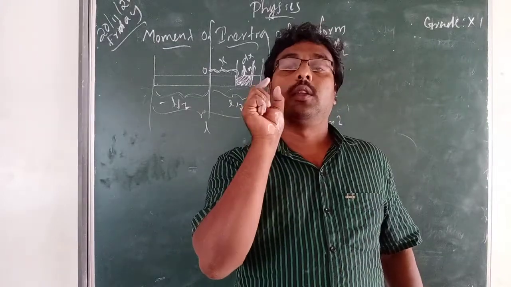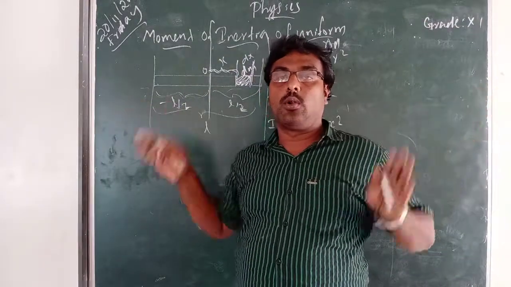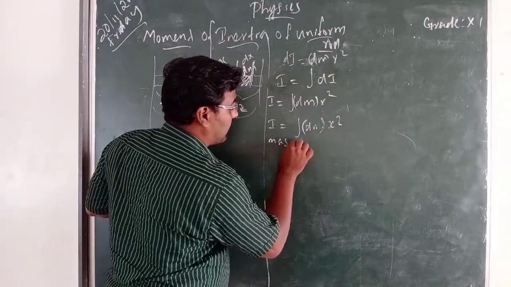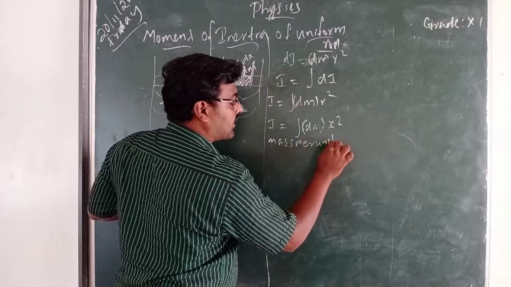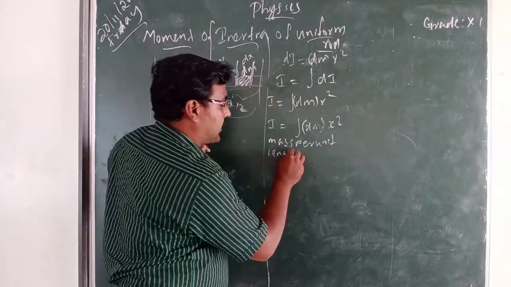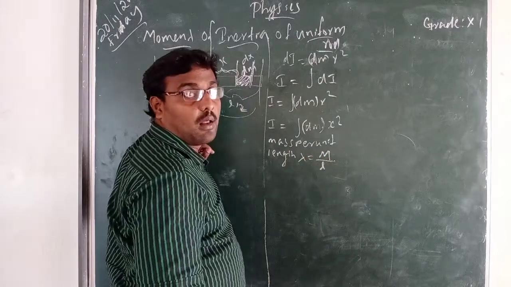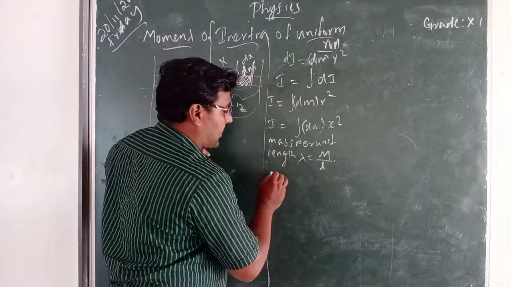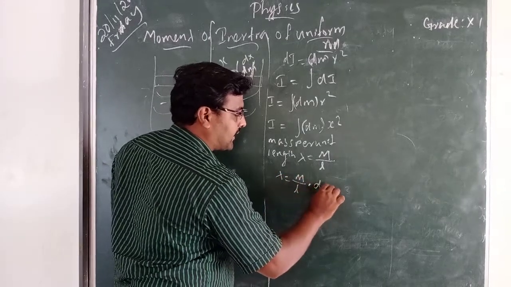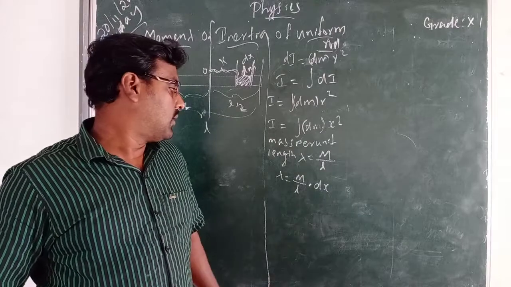We can tell it using mass per unit length, which we call lambda, equal to M by L. For a distance dx, the mass is M by L into dx.